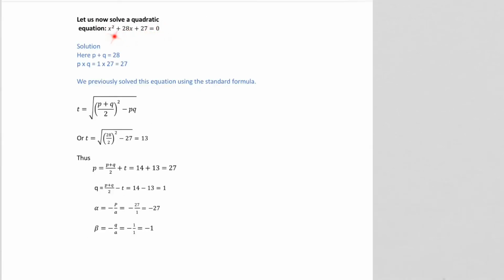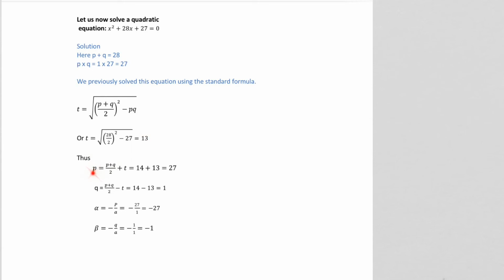Now let's solve this quadratic equation which we previously solved. Here is the solution. P plus q is equal to 28 and p into q is equal to 1 into 27, which is equal to 27. So we find the value of t by the expression that we derived earlier, and the value of t turns out to be 13.